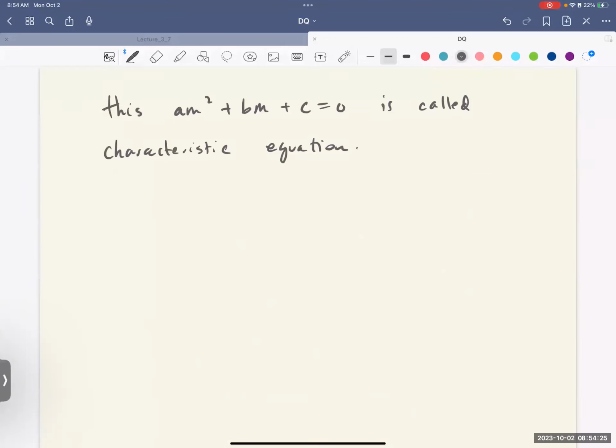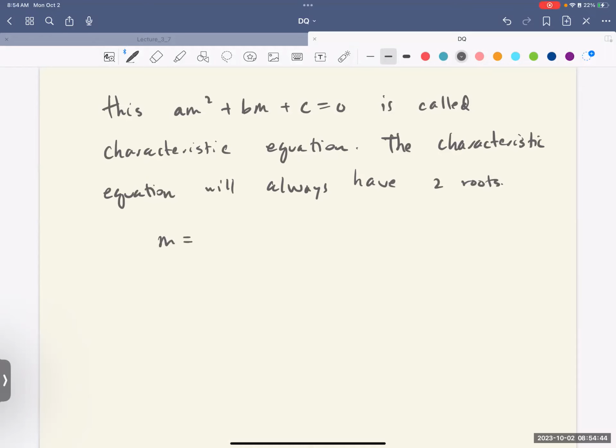The characteristic equation will always have two roots. And the roots, like we just mentioned, are negative b plus or minus square root b squared minus 4ac all over 2a.